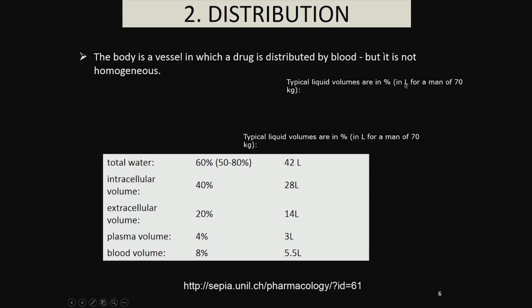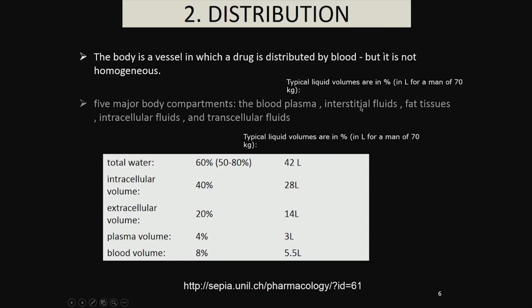Typical liquid volume for a man of 70 kg, in percentages. There are 5 major body components: the blood plasma, interstitial fluids, fat tissues, intracellular fluids, and transcellular fluids. Sometimes drugs get absorbed in tissues also, because if a drug is highly hydrophobic or lipophilic, it can go there, so then your volume increases.